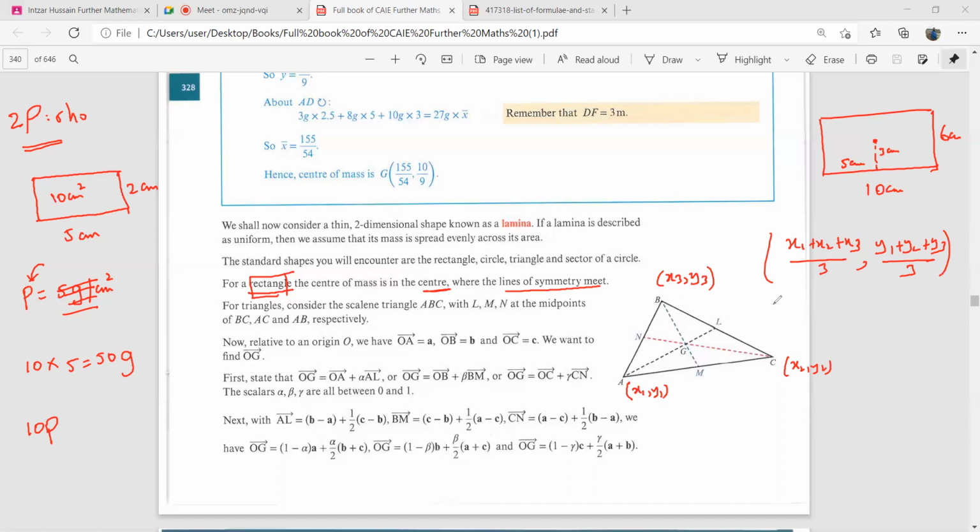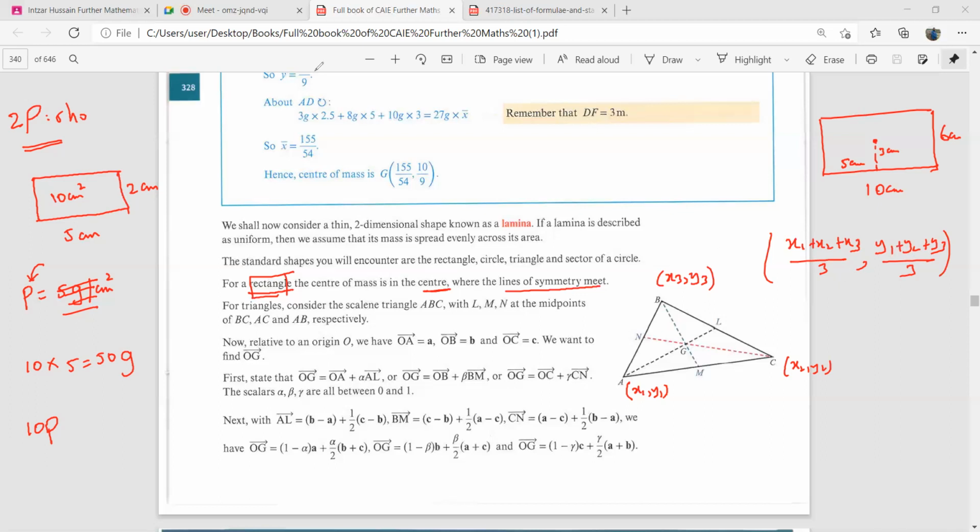Through this formula, you determine the center of mass for a triangular lamina. So for the rectangular lamina, it is simply the center. For the triangular lamina, it is 1/3 of the sum of all the x coordinates, comma, 1/3 of the sum of all the y coordinates.